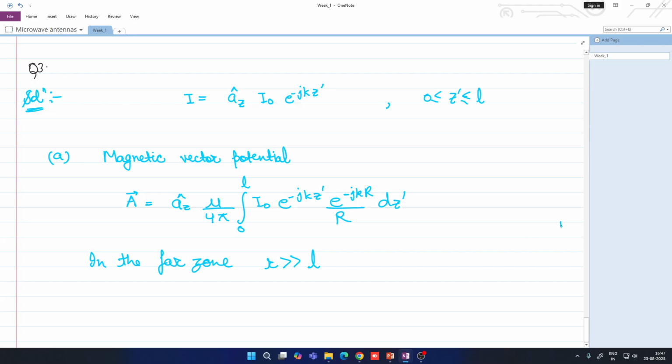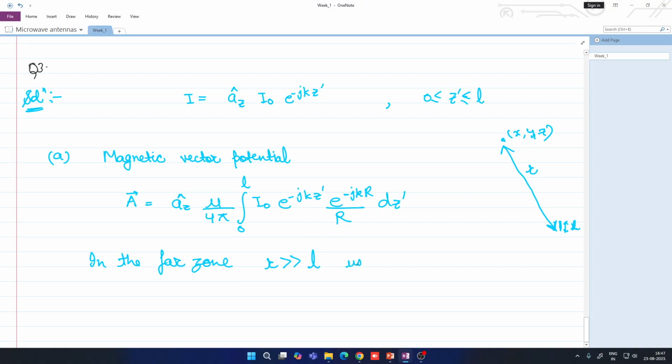What it means is, suppose this is our antenna of length L, and we are calculating the radiated field at a much farther location r, let's say somewhere x, y and z. So here r is much greater than the length of the antenna. That's what the far zone is.